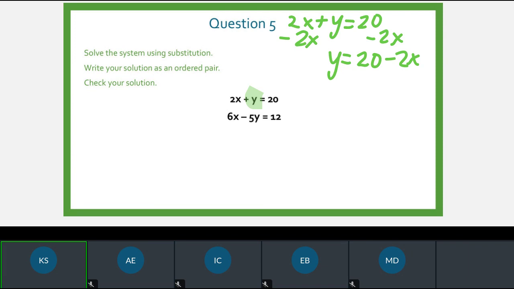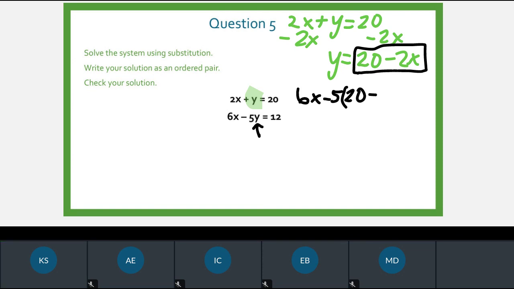You are going to take this 20 minus 2x, and you're going to plug it in to this y. So you would have 6 times x minus 5 times, yes, exactly. Good job. 20 minus 2x equals 12. So all I'm doing is plugging in, I'm substituting 20 minus 2x, I'm substituting that for y.